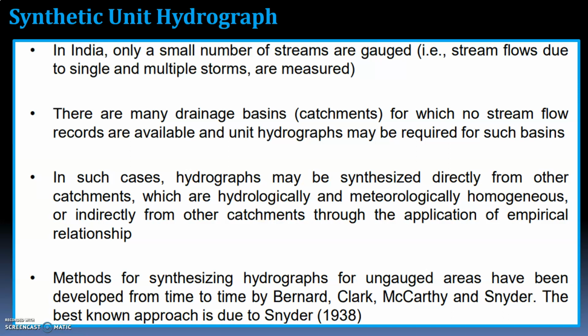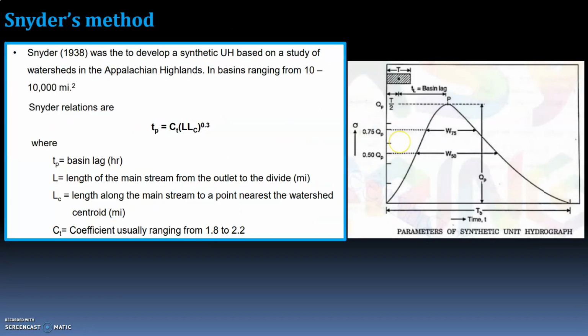There are several methods to derive synthetic unit hydrograph, but the one given by Snyder in 1938 is widely used. Snyder selected three parameters of unit hydrograph: the base width TB, peak discharge QP, and basin lag TL, as shown in the figure.